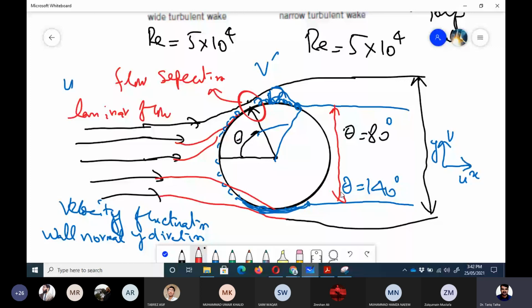Now we can explain another phenomenon from this figure: reverse swing in a cricket ball. In reverse swing, one side of the ball is kept shiny, like this.